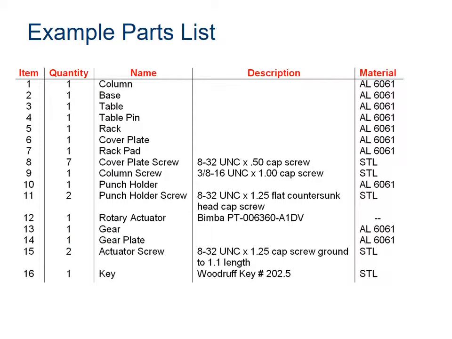This is what a part list looks like. One of the big things is Inventor will default with empty columns without information. Every column should have information. If you do not use, like for example, if you're not putting in your materials, then you remove that column from your parts list.